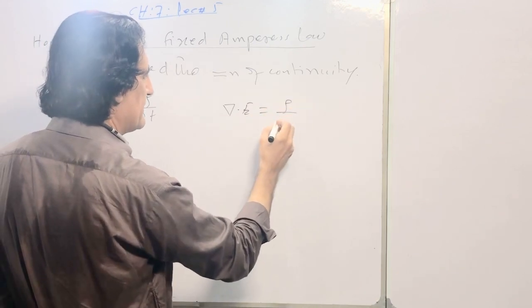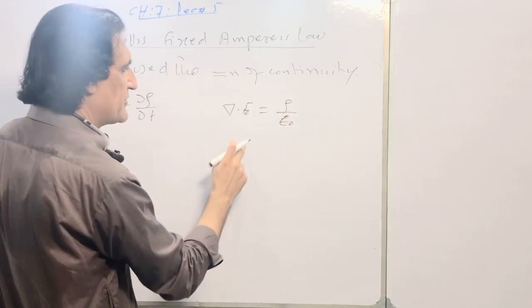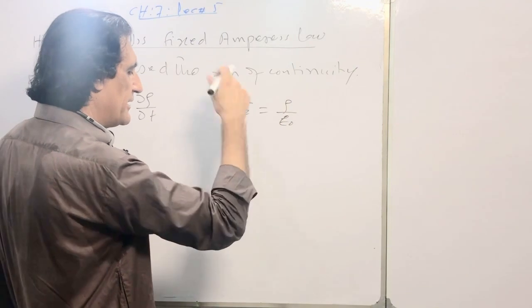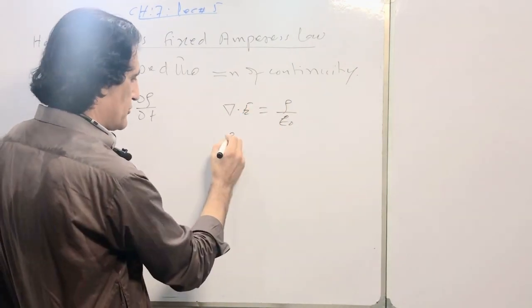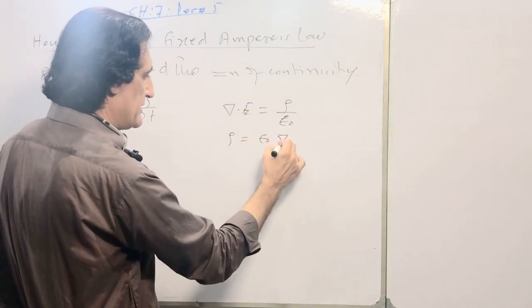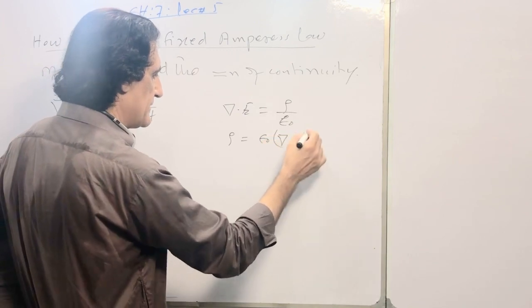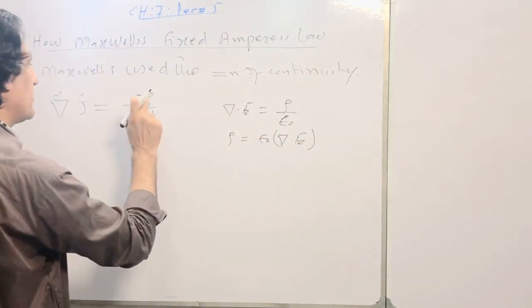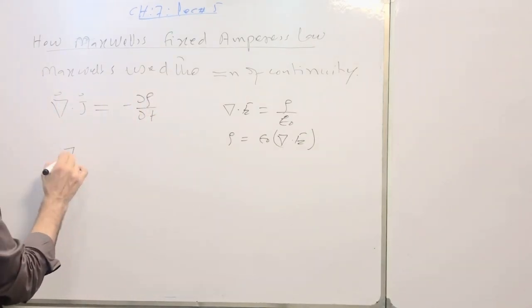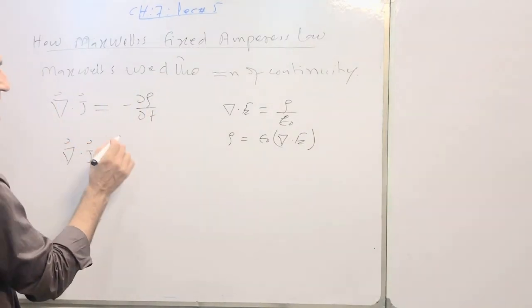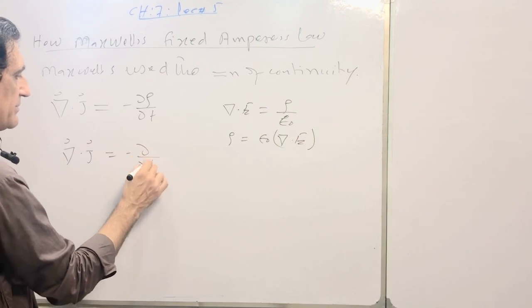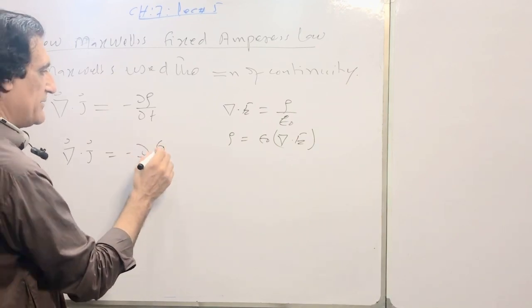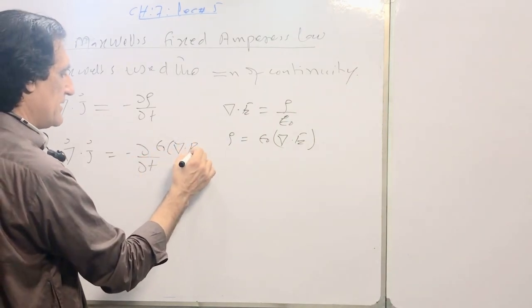So rho must be equal to epsilon naught times divergence of E. This value I have to put in this equation, then partial divided by partial t, epsilon naught, and divergence of E.